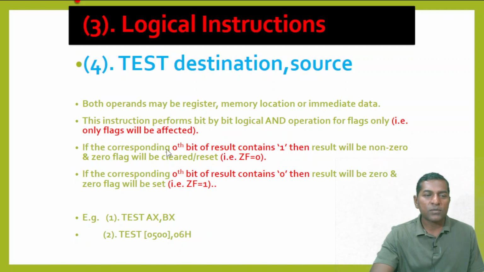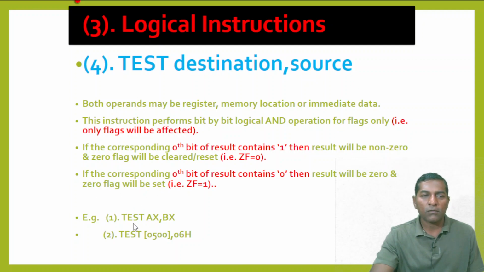If the corresponding 0th bit of the result contains 1, then the result will be non-zero and the zero flag will be cleared. That means it will be 0. If the corresponding 0th bit of the result contains 0, then the result will be 0 and the zero flag will be set.